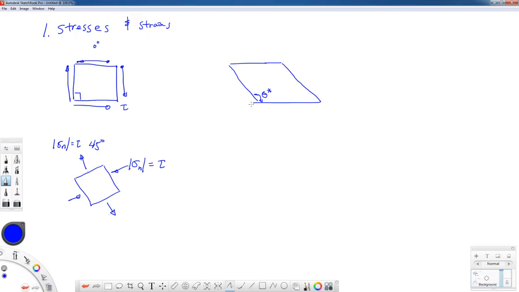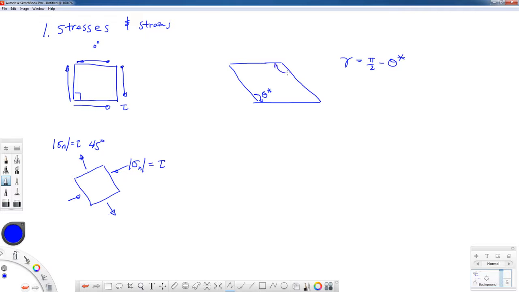And the change, I guess that one actually opens up. This one gets a little bit smaller. The change in angle from pi over 2 radians, or 90 degrees, is the shearing strain. So gamma would be equal to pi over 2 minus theta star.